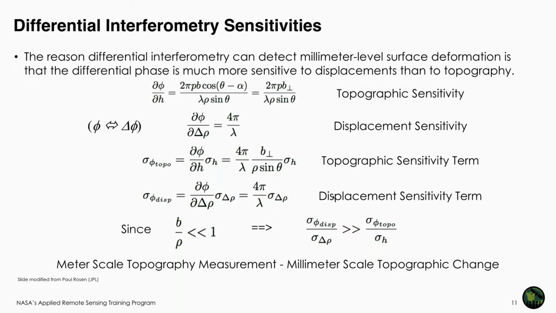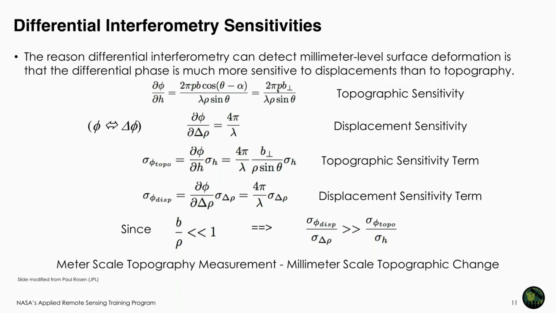So these are just writing out those sensitivities in equation form. At the top here, we can see the sensitivity to topography depends on this B, that's B perpendicular, the perpendicular baseline between the two radar antennas, but it's also divided by the range down here, because the range is hundreds of kilometers.